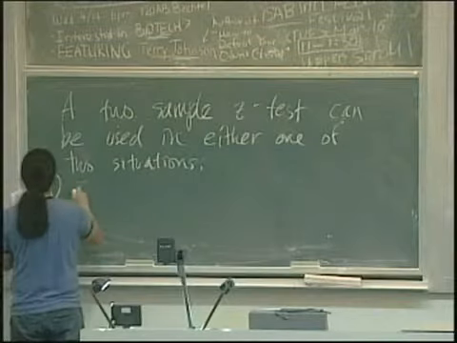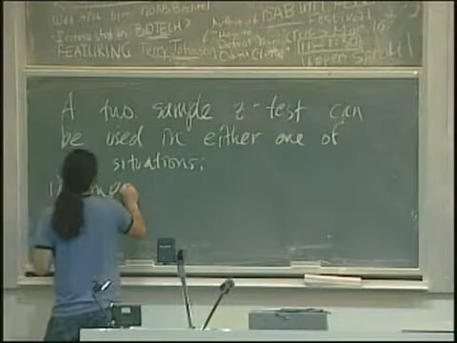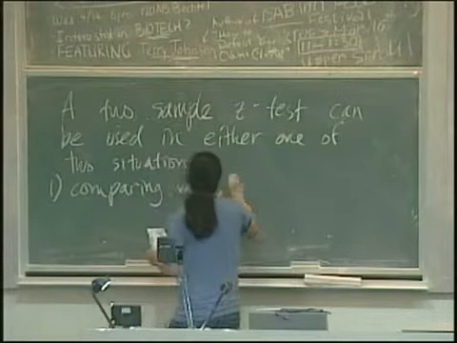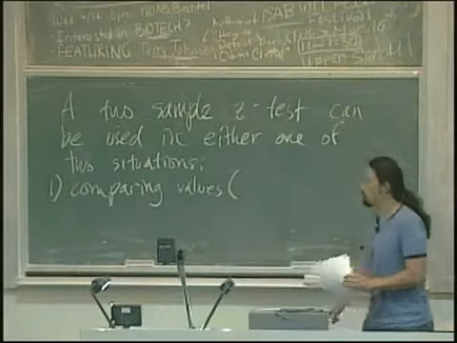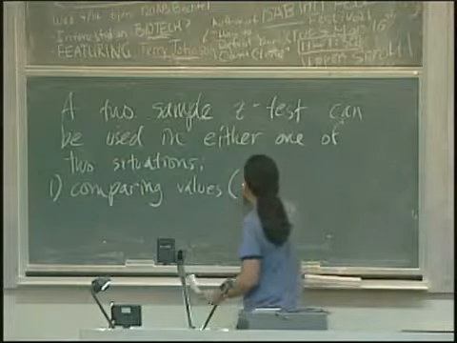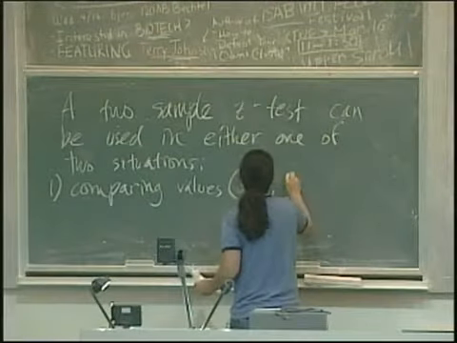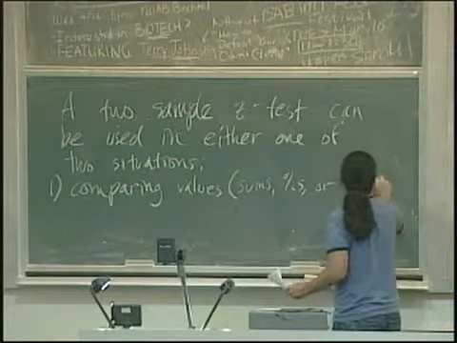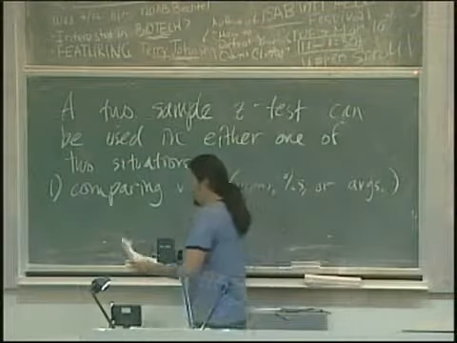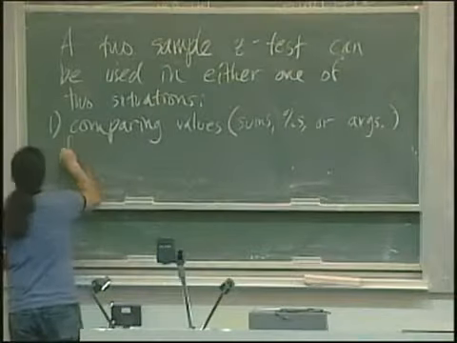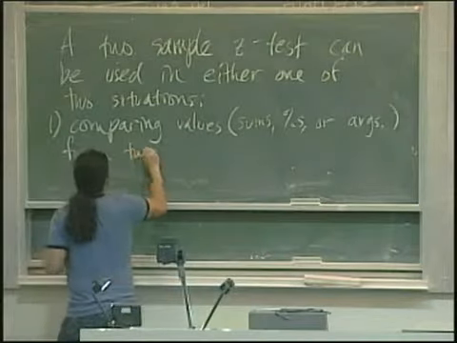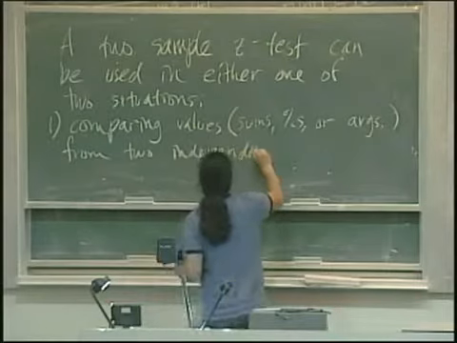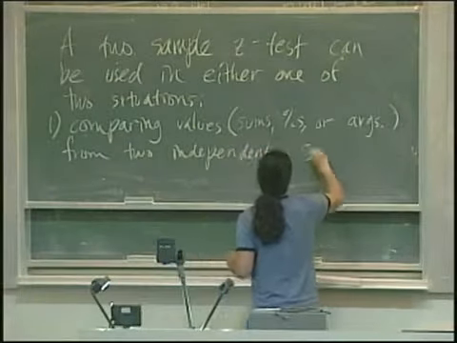One is when you're comparing values, and these values could be either sums or percents or averages, from two independent simple random samples.